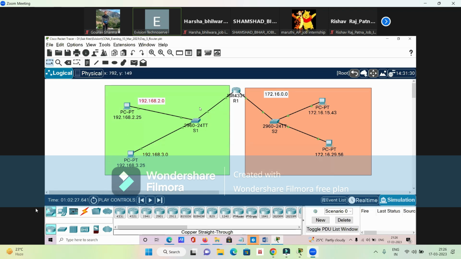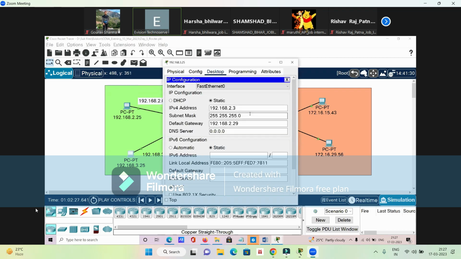In this case, the router is going to communicate with which one? Is that your question? Sir, you can change the IP address, sir, to 172.16. The moment I change it, okay.